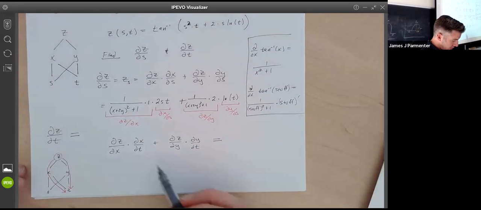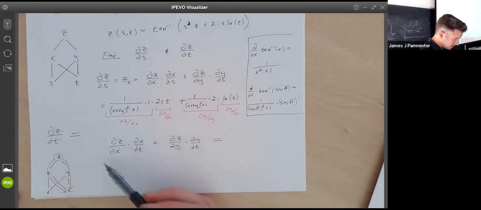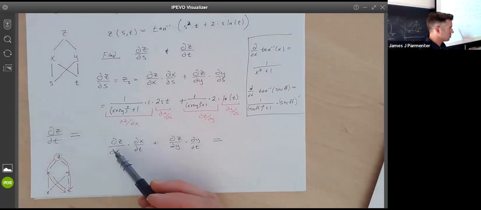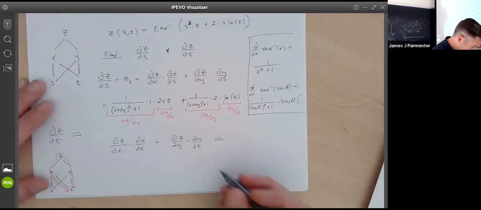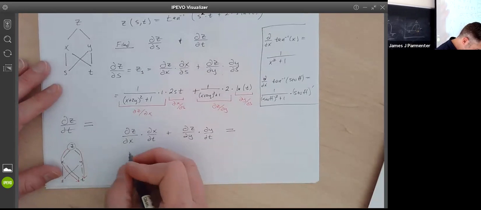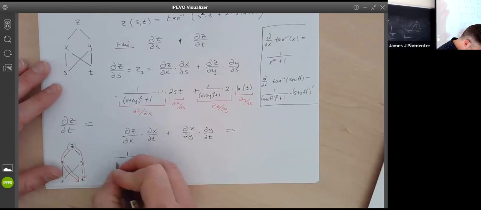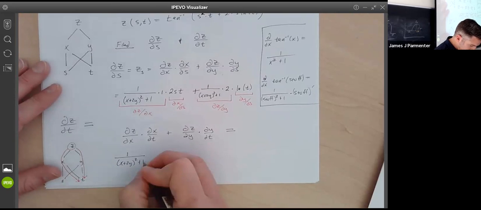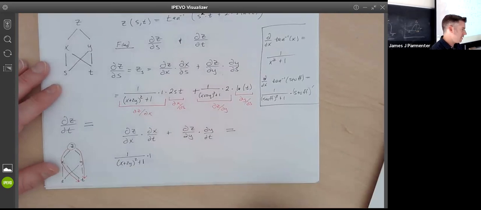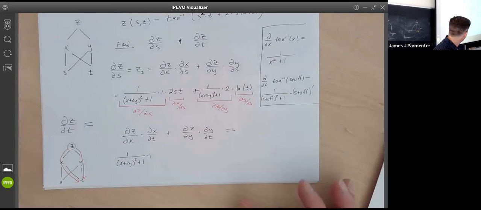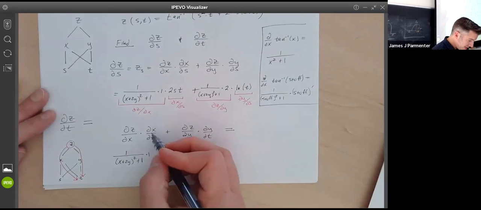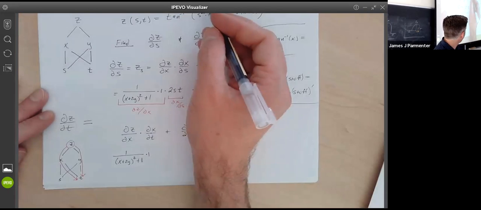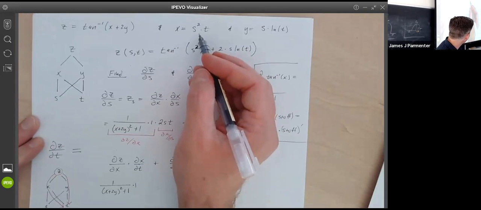So the thing I was saying here is that del z del x didn't change, right? It's still the same as it was when we did it before. So we definitely know that the first part here is still going to be 1 over x plus 2y squared plus 1 times 1 if you really want. You don't really need to write the times 1. And then del x del t is going to be s squared. Sorry, can't quite see all the things.